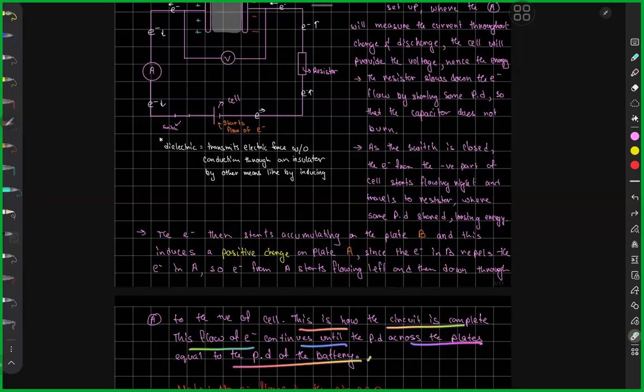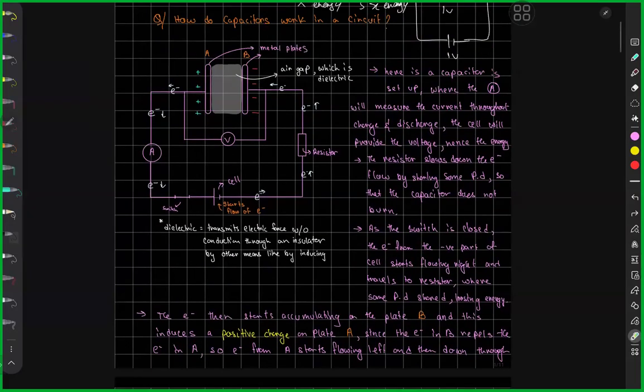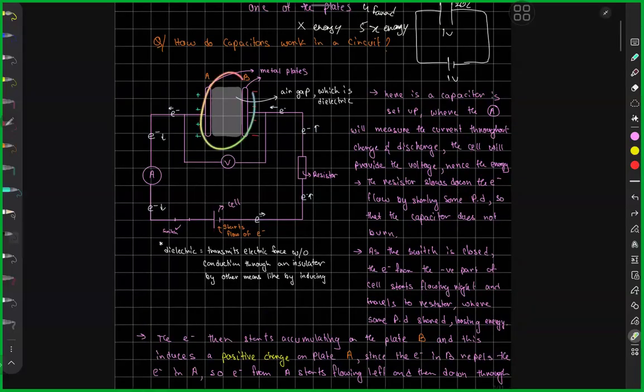And this process of accumulation of charge, by the way, continues until this potential difference is equal to the supplied potential difference. For the sake of this setup, just assume that whatever potential difference I'm supplying is the exact potential difference provided to this capacitor as well.